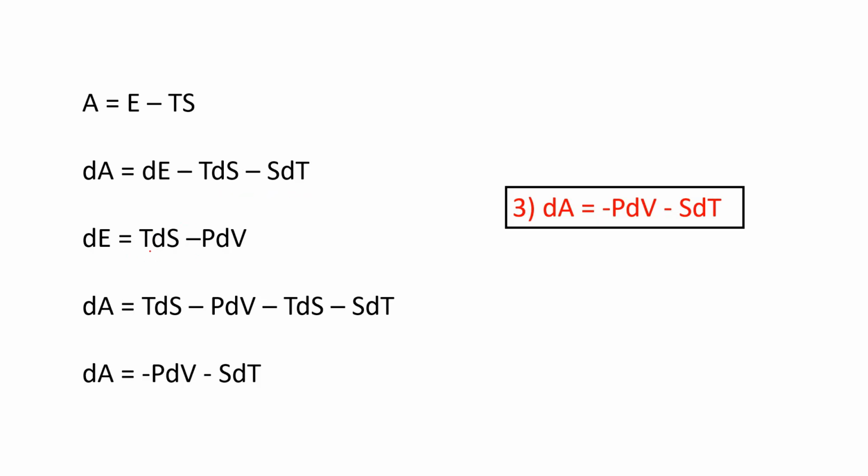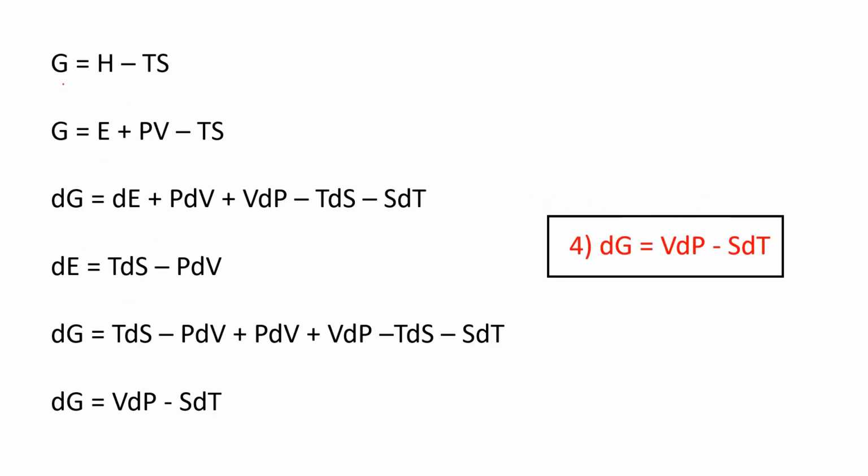Now once again dE is equal to TdS minus PdV, and we put that in place of dE. So dA will be equal to TdS minus PdV, minus TdS minus SdT. Here TdS and TdS cancel. So dA is equal to minus PdV minus SdT. This is our third fundamental thermodynamic equation.